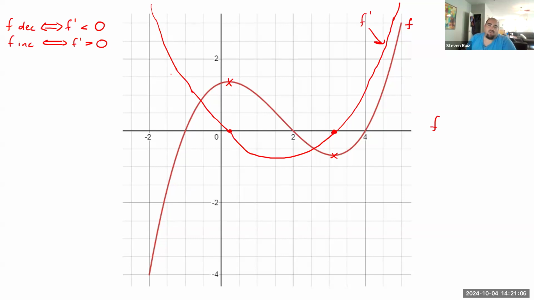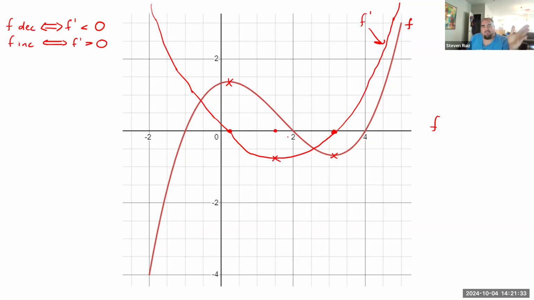So now I can do the same thing with the graph of f prime that I made. Looks like I only have one critical point. So that means that is going to be a zero crossing, where the derivative of f prime is equal to 0. Now let's use that point to break the rest of this question up into left of that point and right of that point.